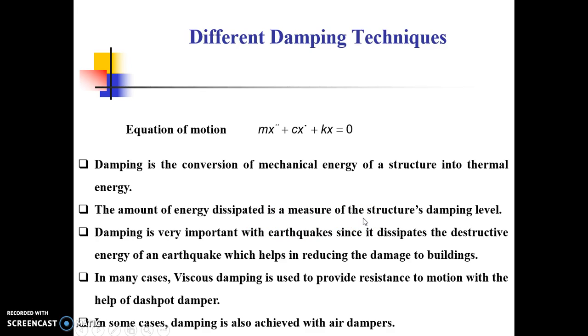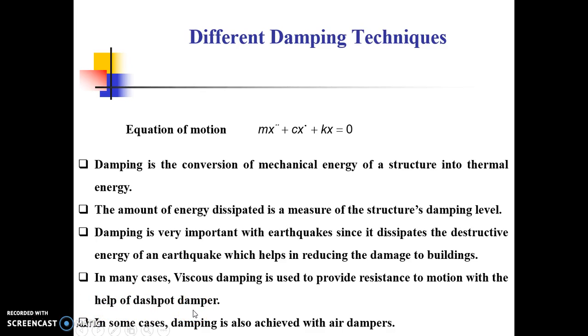structure's damping level. Another thing is that damping is very important with earthquakes, since it dissipates the destructive energy of an earthquake, which helps in reducing the damage of the buildings or big constructed structures. In typical mechanical devices, in many cases viscous damping devices are used, and these viscous damping devices provide resistance to motion with the help of a dashpot damper.